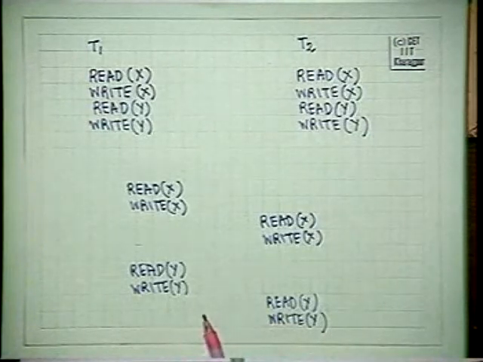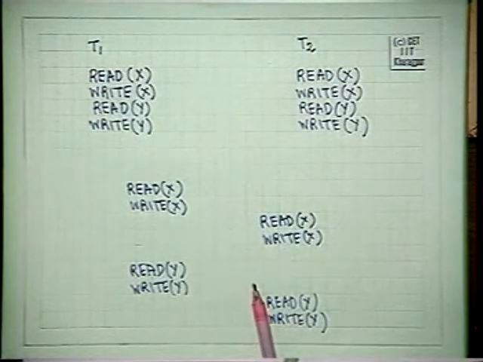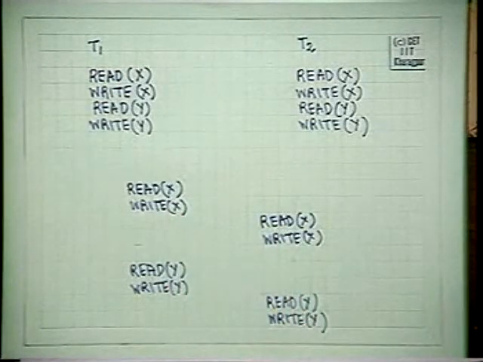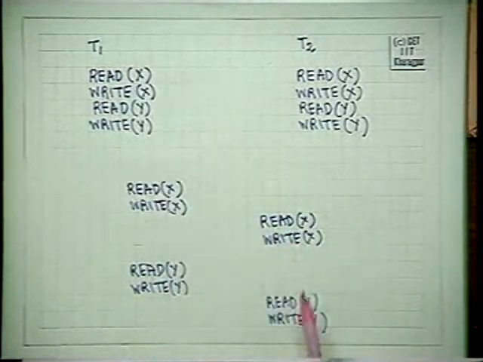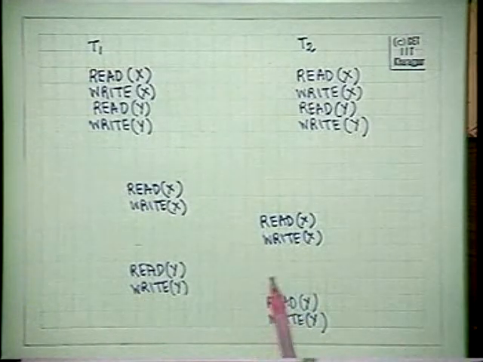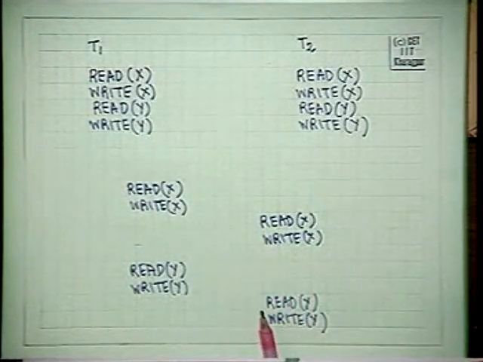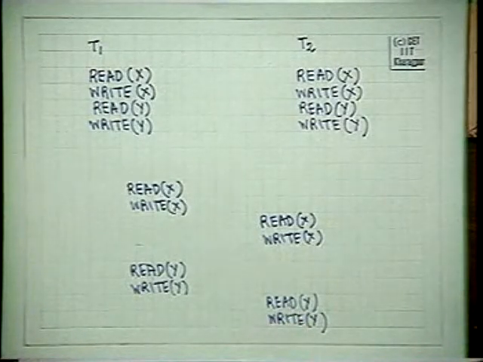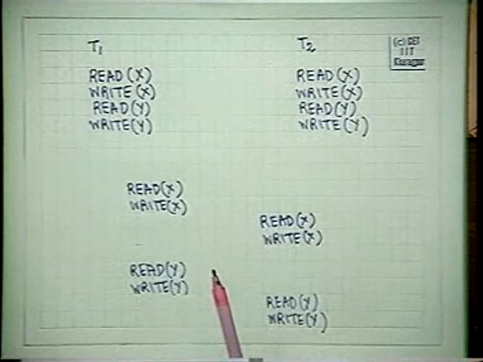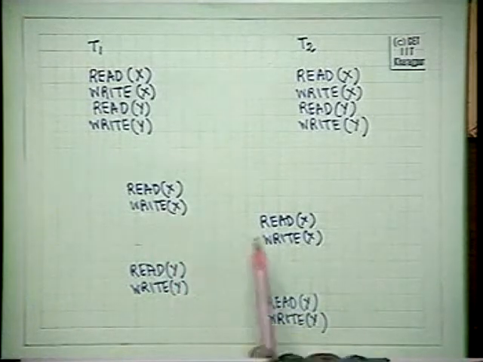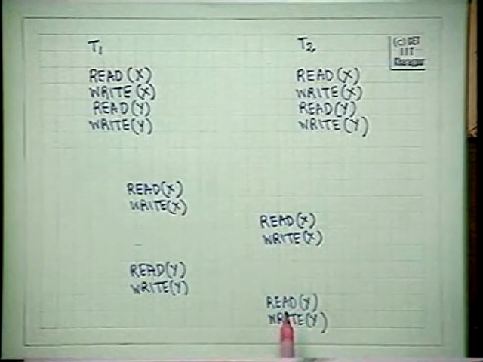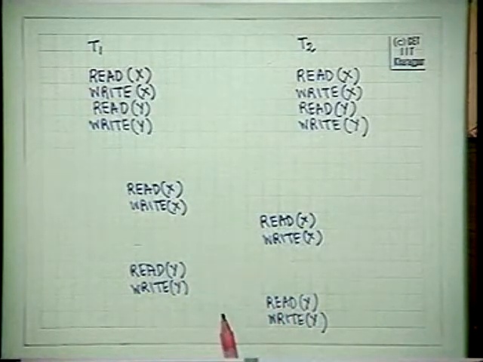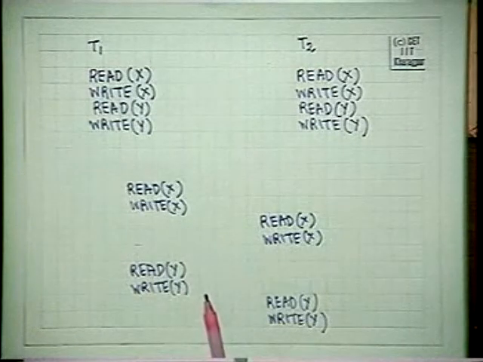So, there are various ways in which we can try and detect that a schedule is equivalent to a serial schedule. If a concurrent schedule is equivalent to a serial schedule, obviously it has to be consistent and it has to be a correct valid schedule. So, our first approach in this mechanism will be to, when a schedule is defined, see whether this schedule is potentially valid or invalid.